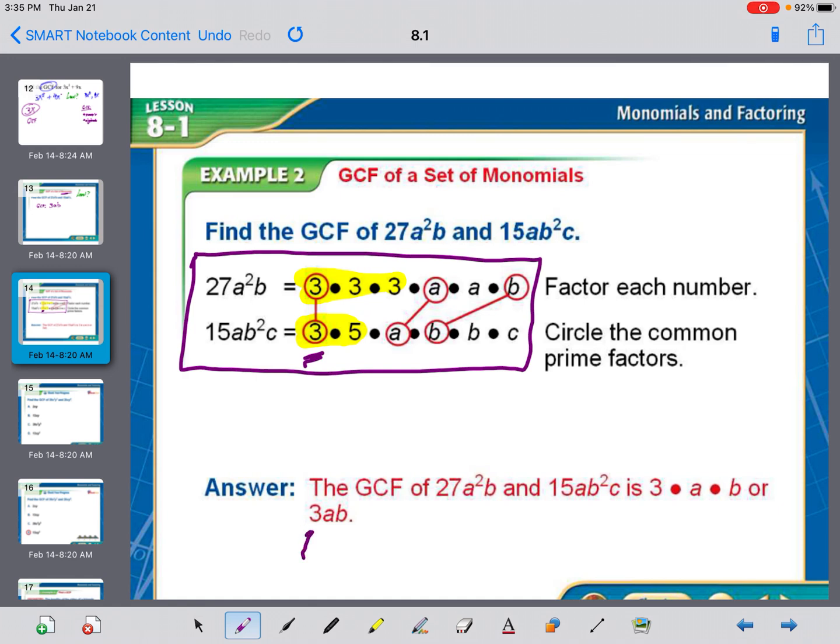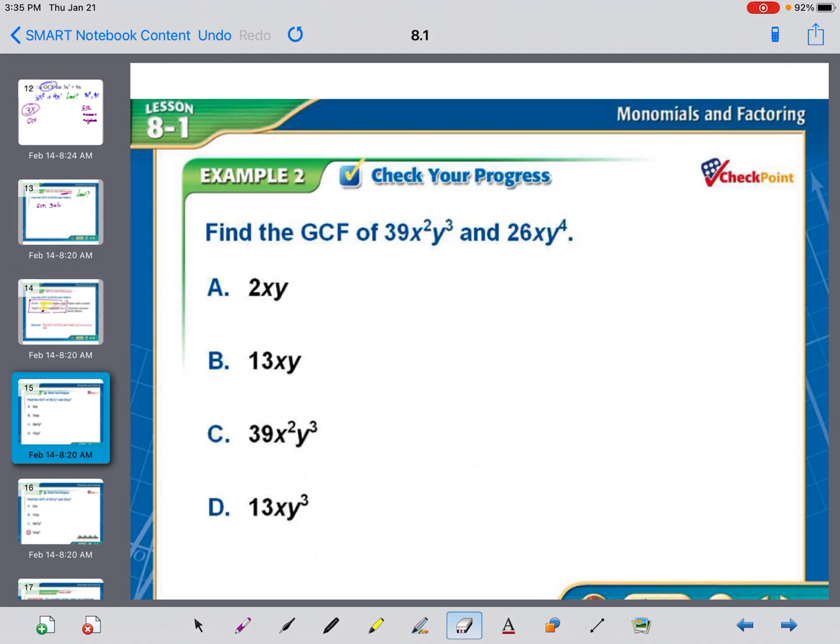Well, they don't have a 5 in common, do they? So that's why 3 is the numeric part of the GCF. Then they looked at the A's, and they got an A in common here, and a B in common here. Where's it found the least? Let me erase that, and you can look at it again. All right? So 3AB, which is exactly what we got, looking at it a slightly different way.